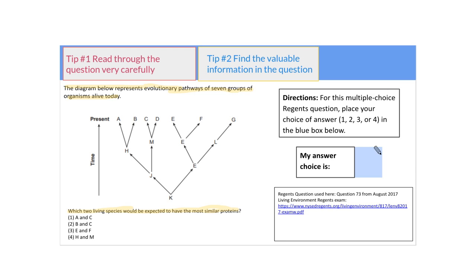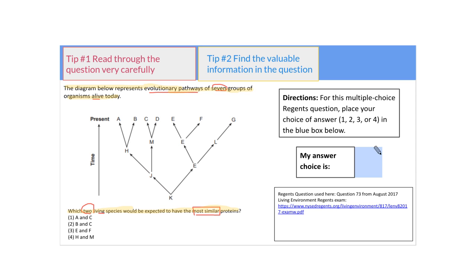For instance, in here, I will say, this is an evolutionary pathway diagram, and we have 7 groups of organisms, and they're alive today, and they're asking for 2 living species that are expected to have the most similar proteins. As you can see, I am underlining or circling words that are key words for me.